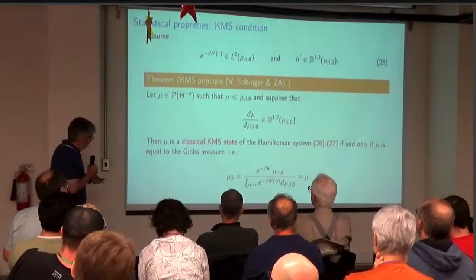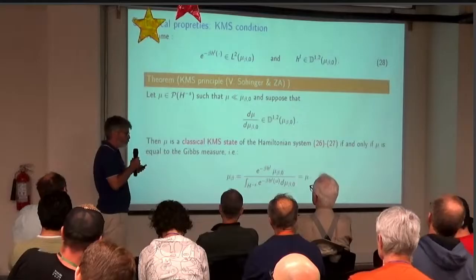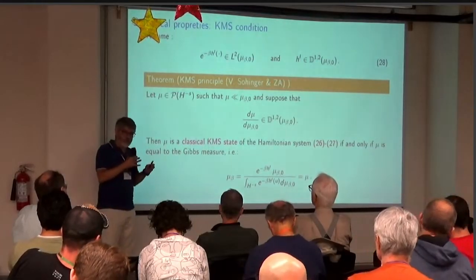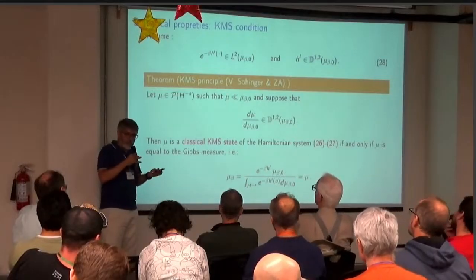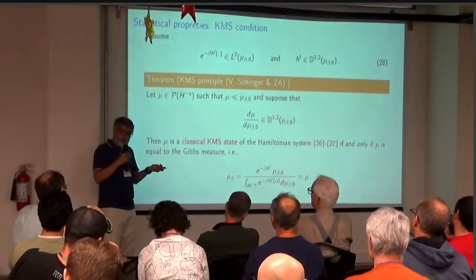Okay. Very good. So far, now I will switch a little bit. Let me summarize: we have understood what Gibbs measures are in finite and infinite dimensions. We have also understood their statistical properties.